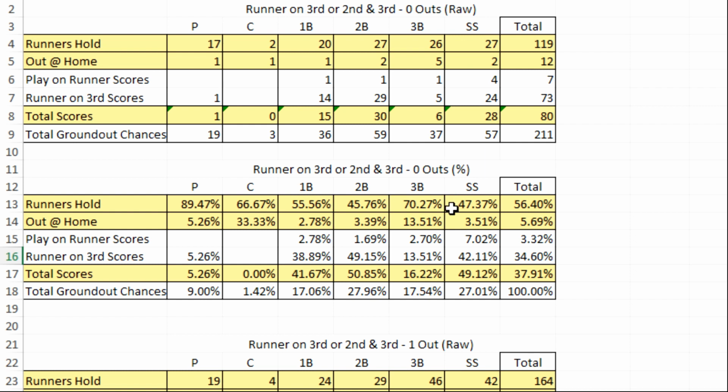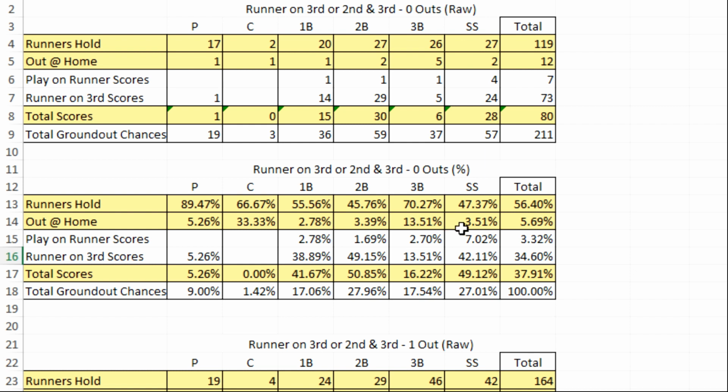The corner infielders, actually, we'll go right side, left side. On the right side, first and second base, we can see around half the time, a little bit more for first, a little bit less for second, the runner holds. Likewise, the runner's scoring the other times, other than a couple percent of the time, again only 1 or 2 cases where they were out at home.